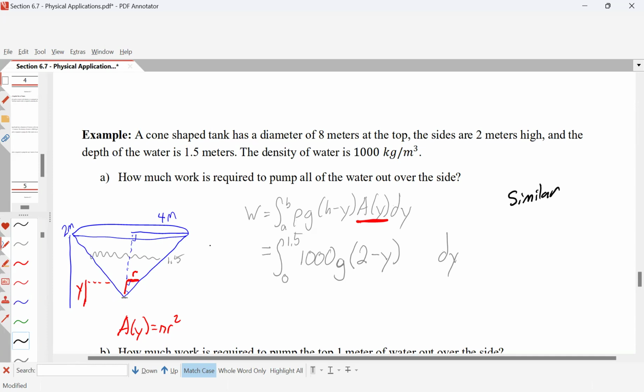So using our big triangle, it's 2 meters high with a radius of 4. There's our big triangle being formed by our cone. The smaller one is we're saying at any level y, I want to know the small radius.